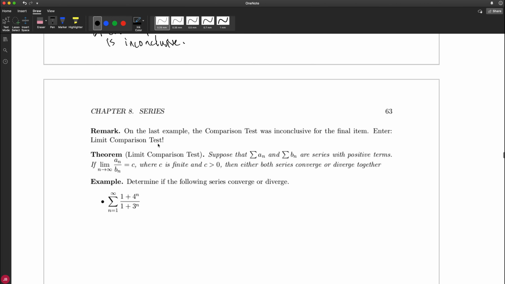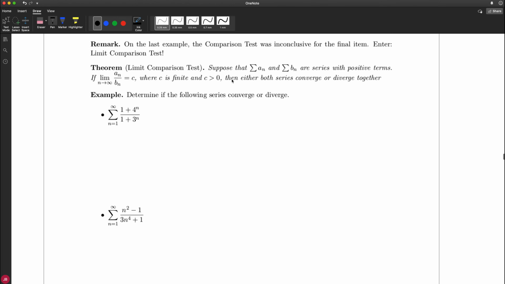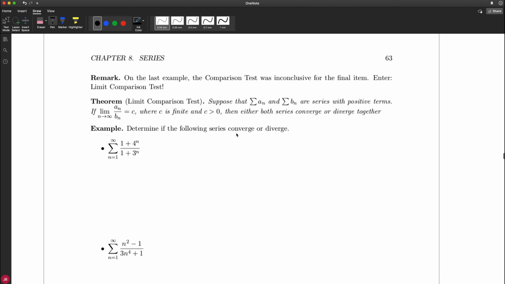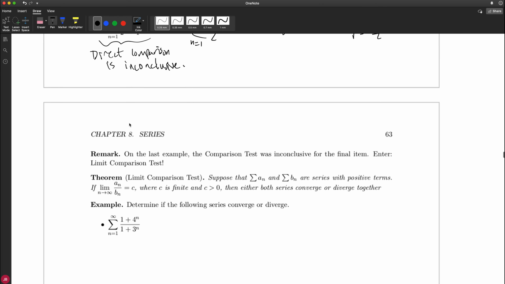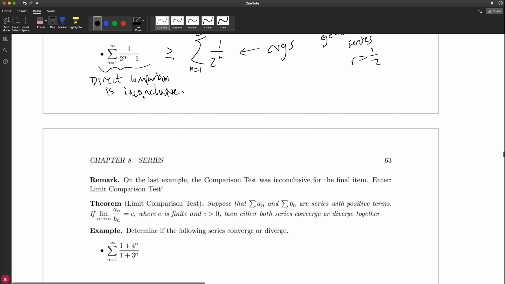So here we go. Let me now introduce limit comparison on page 63. So suppose you have two series, both with positive terms, and if you're trying to use limit comparison, you're going to find a series that you think the series you have looks like. So for this one here, this series essentially looks like the sum of 1 over 2 to the n, okay?